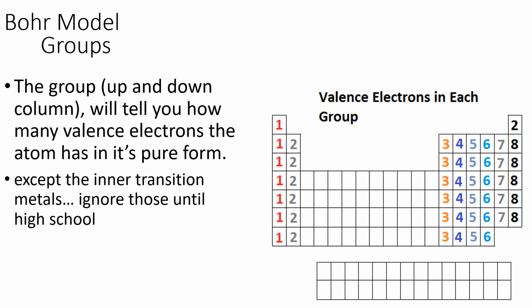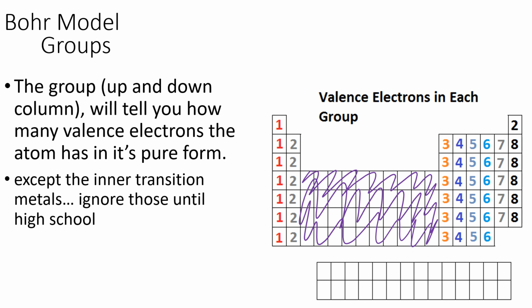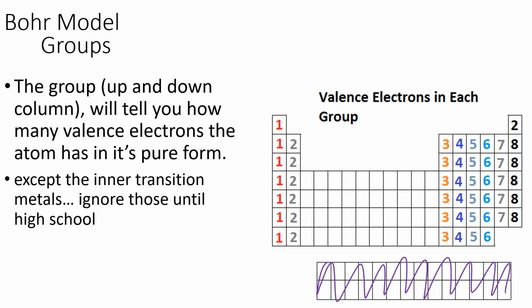Now, the inner transition metals, these guys right here and down here, we're not going to worry about those this year. They have a very strange electron configuration that gets into subshells and things like that, and it gets very confusing very quickly. In fact, most elements after 20 get a little bit confusing, so we're going to keep it pretty simple for this tutorial.